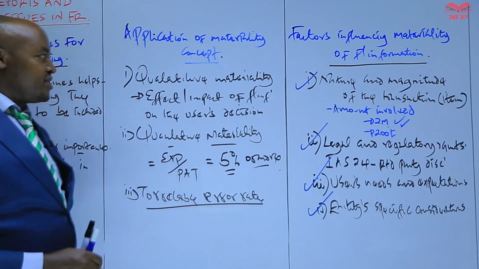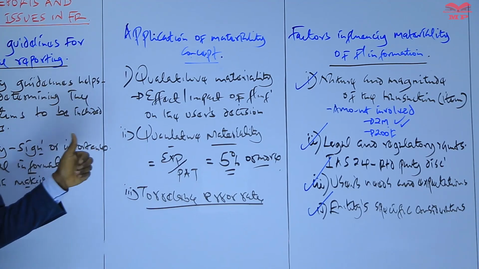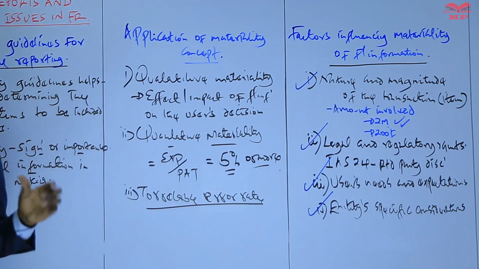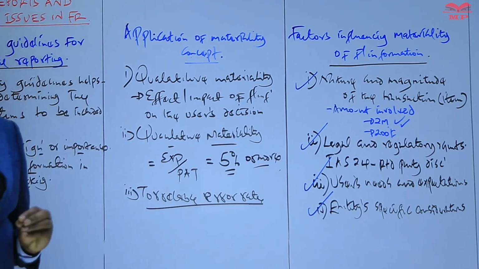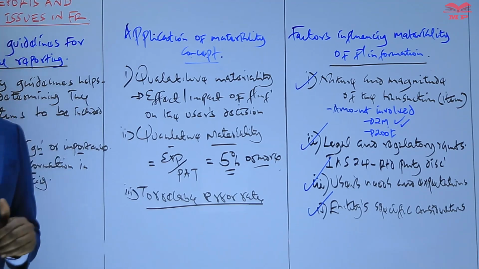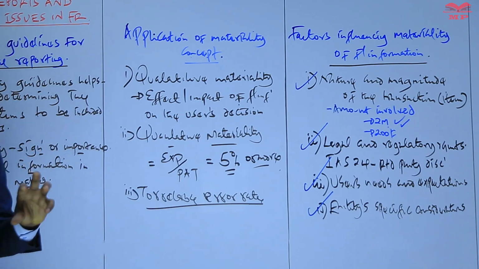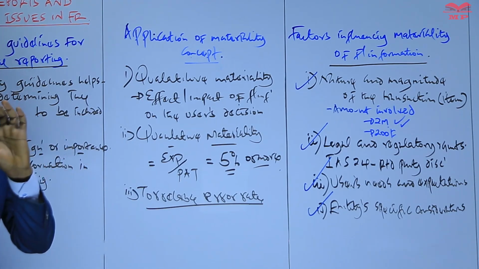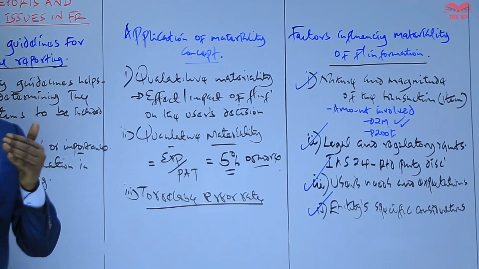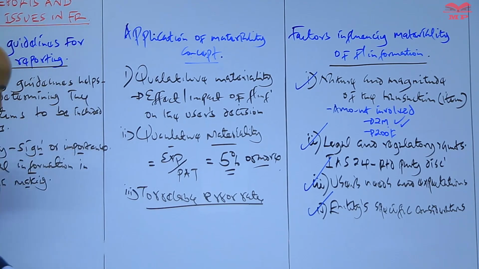So these are various concepts which are used by entities to determine whether an item is material or not. This concept is very important because it helps entities determine which information must be included in the financial report, or in the financial statement, based on their impact on the decisions which will be made by the various users.